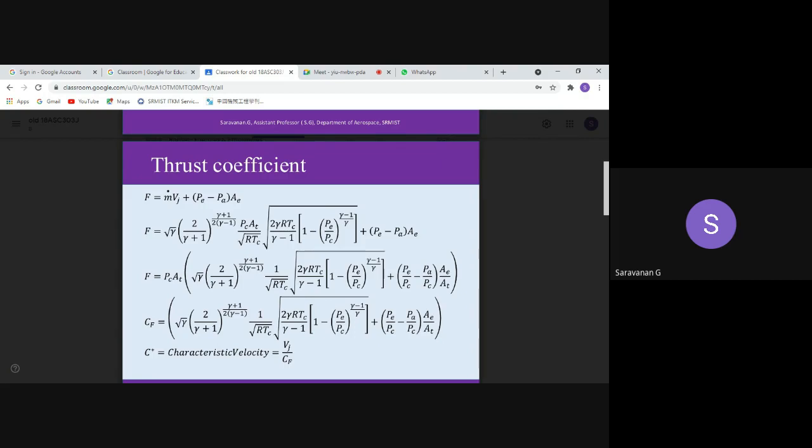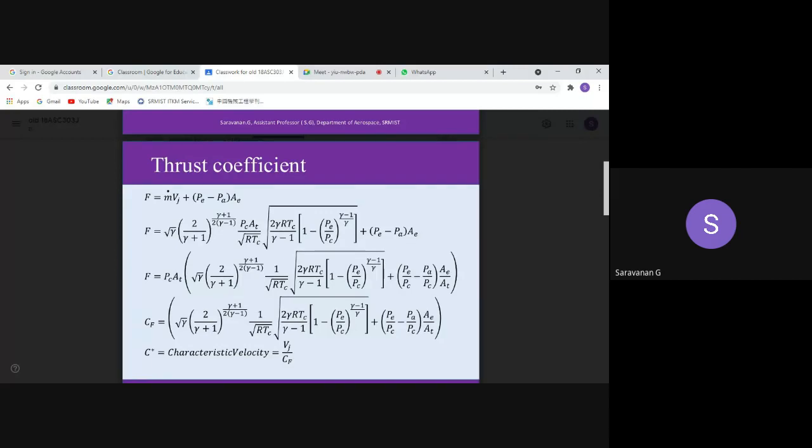You will arrive at an expression for m dot equal to root of gamma into 2 by gamma plus 1, the whole power gamma plus 1 by 2 into gamma minus 1. Then you can substitute the throat area and the throat pressure: rho T is equal to PT by RTC, and the throat area as AT.